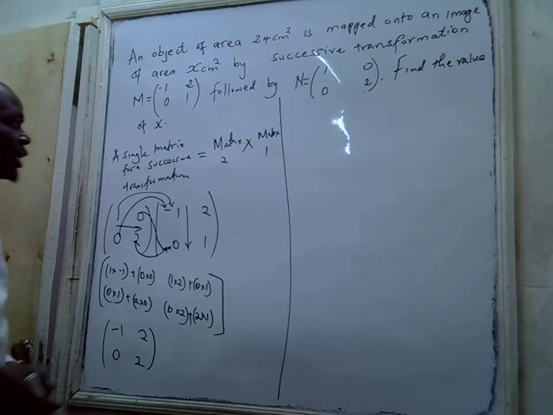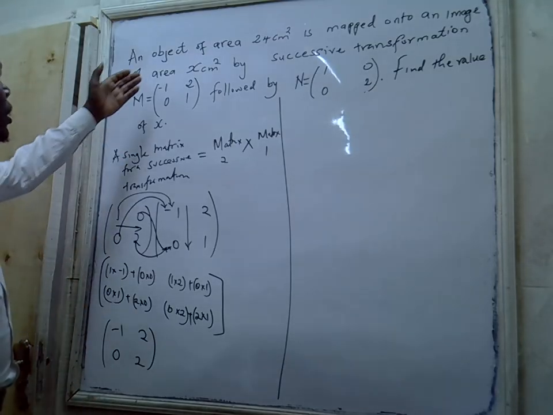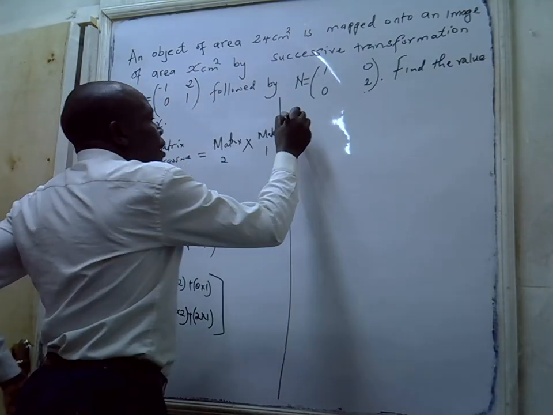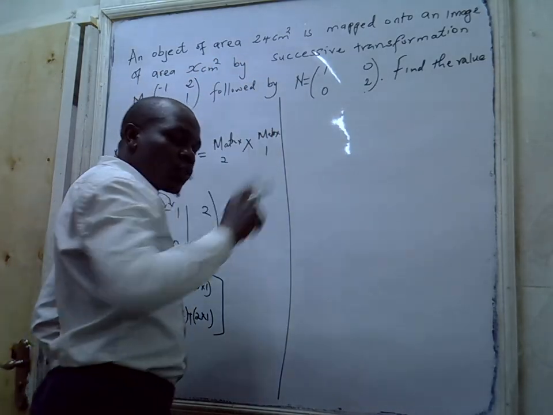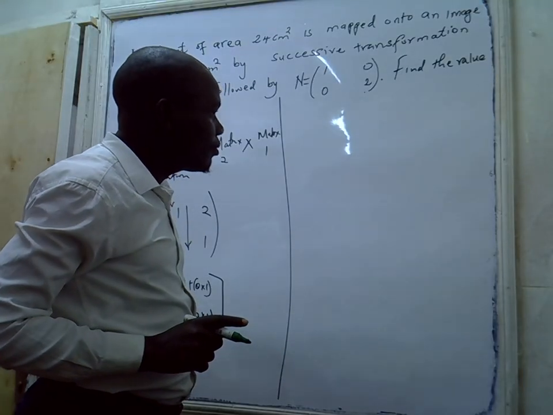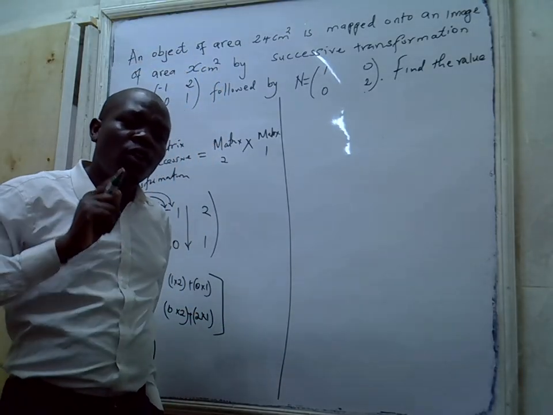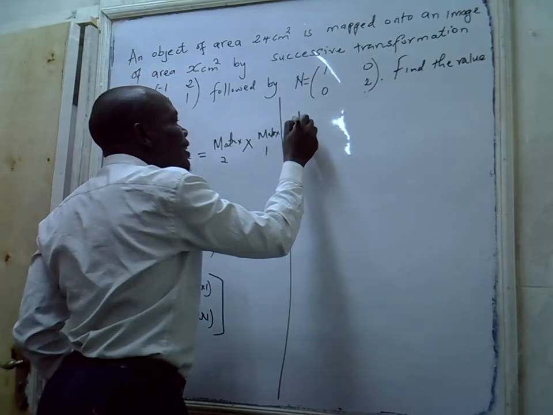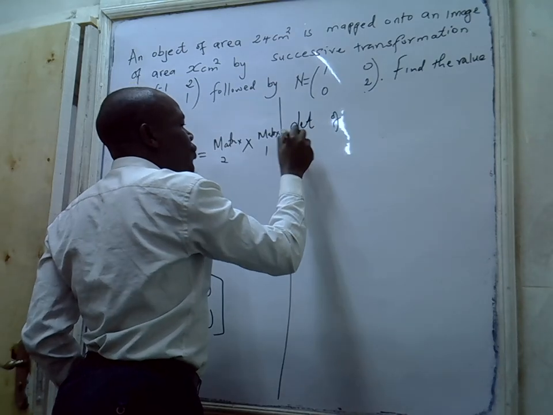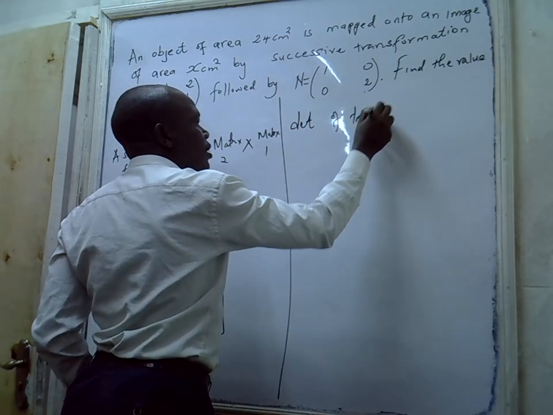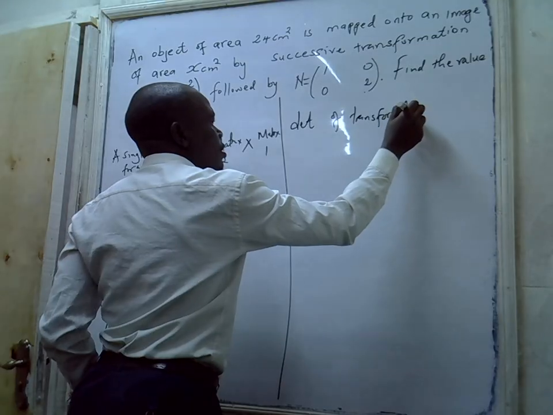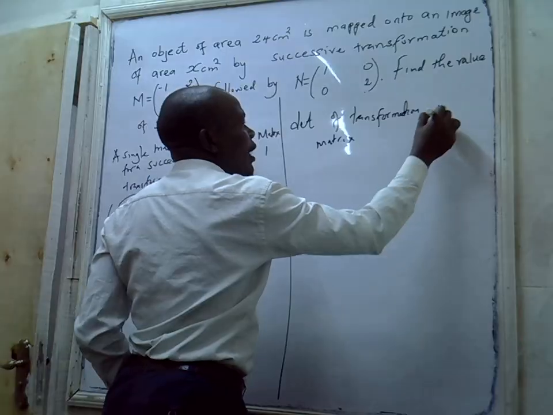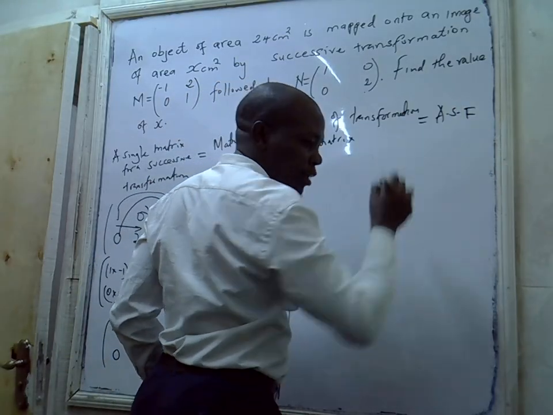The next step says that under any transformation given, the determinant of the transformation matrix is equal to the area scale factor.